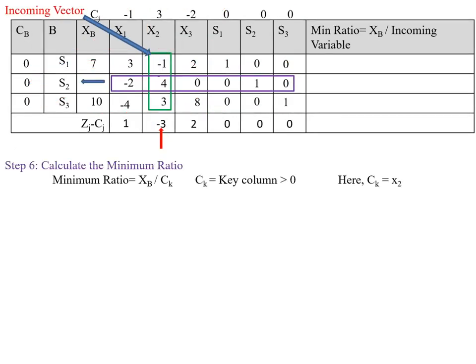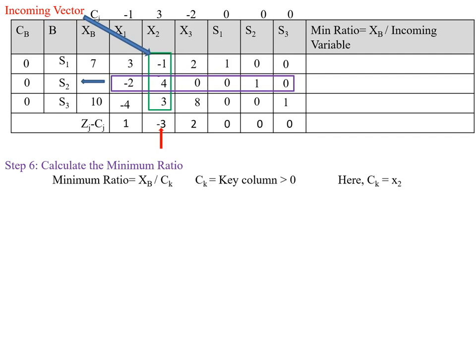Next step is to calculate the minimum ratio of xp by ck. Here ck is the key column, that is x2, and one more thing we have to remember: we should calculate the xp by ck only if the value of the ck element is positive. If the ck element is negative, then there is no need to calculate the xp by ck ratio.